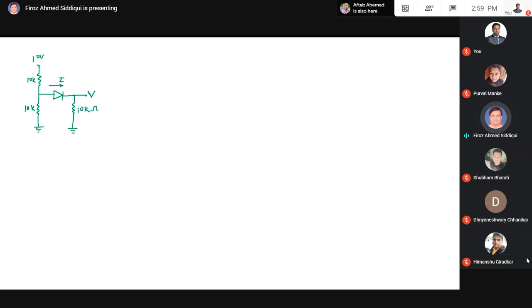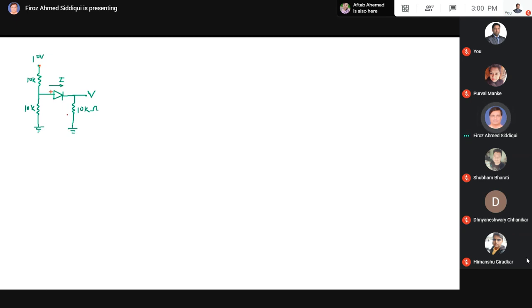See, the voltage at this end is 10 volt and this end is connected to the positive terminal of the diode, and this end of the diode, if you see, is connected to the ground. That means the positive terminal of the diode is connected to the positive voltage and the negative terminal of the diode is connected to the ground.